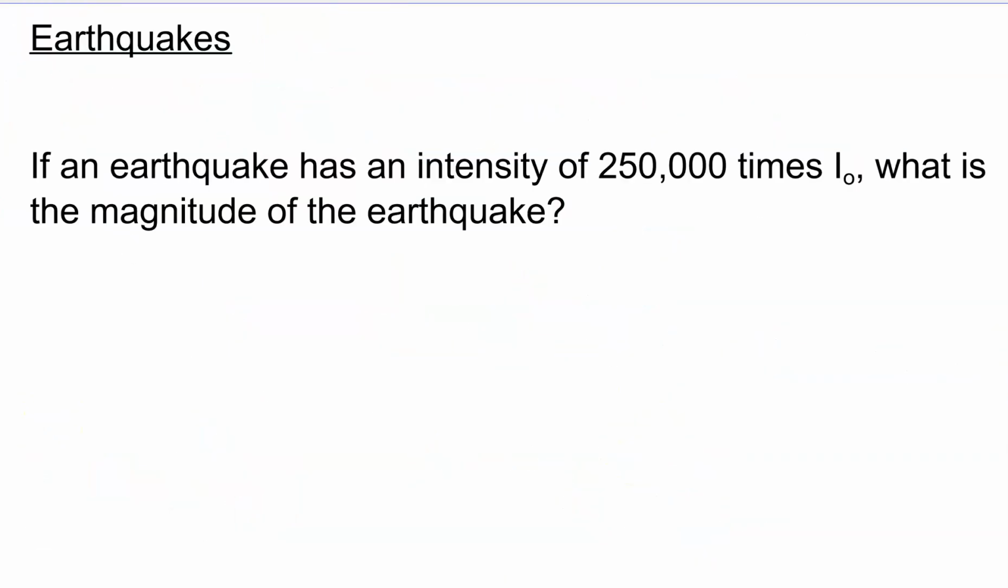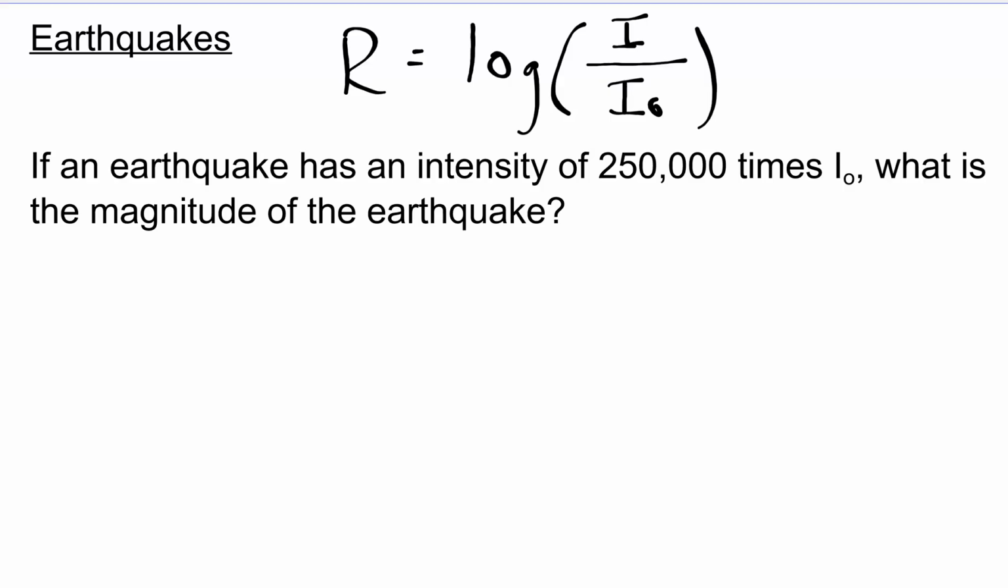So here's our first question here. If an earthquake has an intensity of 250,000 times I naught, what is the magnitude of the earthquake? So in this one right here, I'm going to just rewrite my formula up here. I'm given the intensity, and I am trying to find the magnitude.